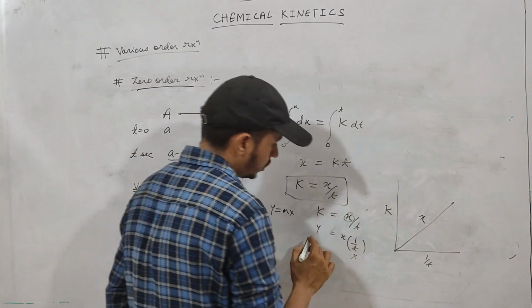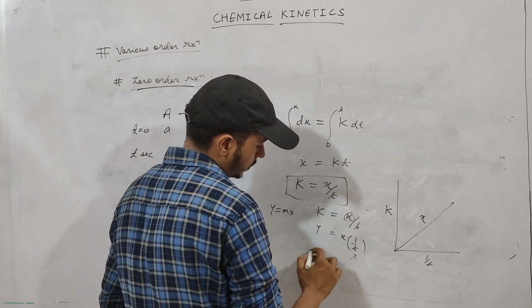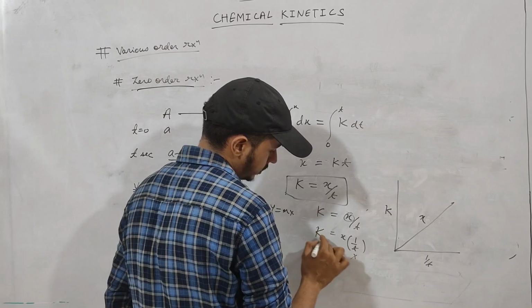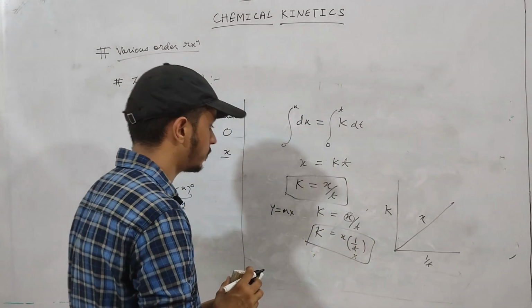The graph will go from the origin, with k on the y-axis and 1 upon t on the x-axis. In the y equals mx format, we can write the equation like this. So this is the graph.